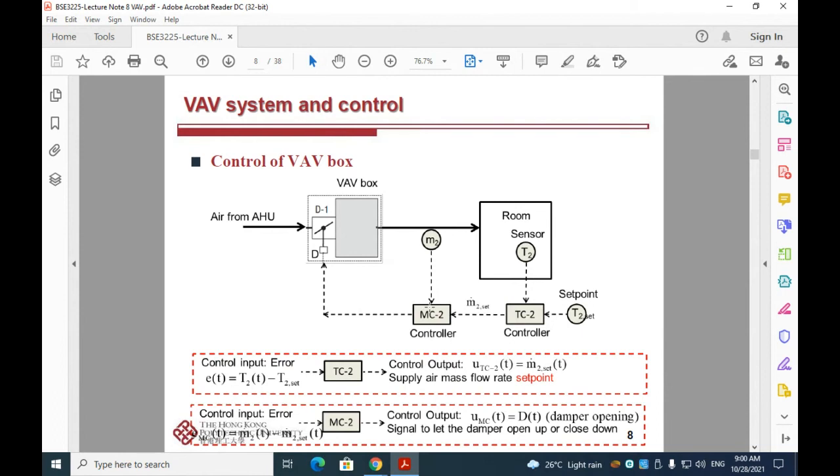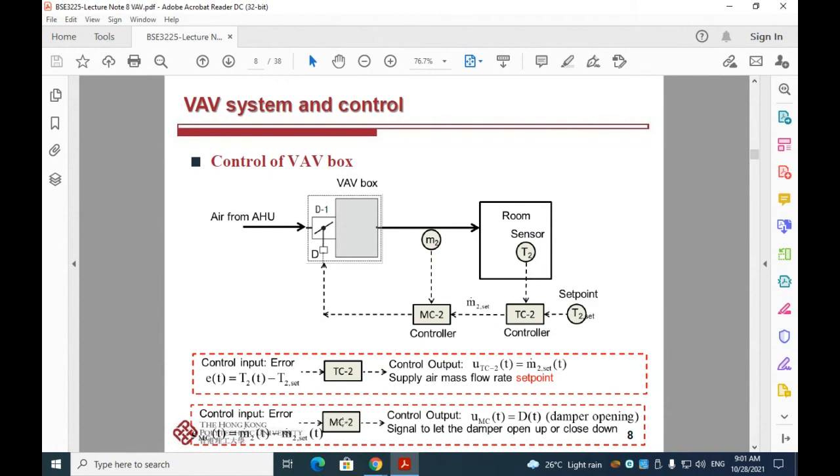And then for the mass flow rate controller, the control input is the actual mass flow rate and the set point mass flow rate. So what you do is you will calculate a set point supply air mass flow rate by measuring the actual room temperature.